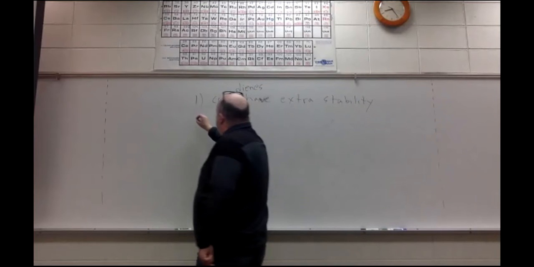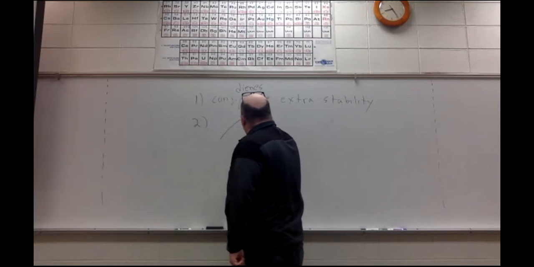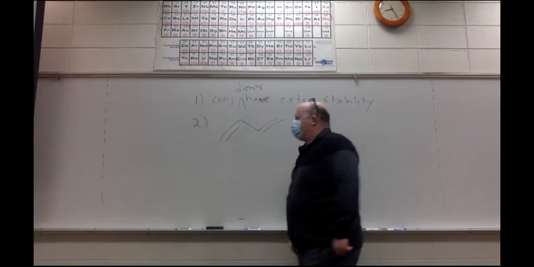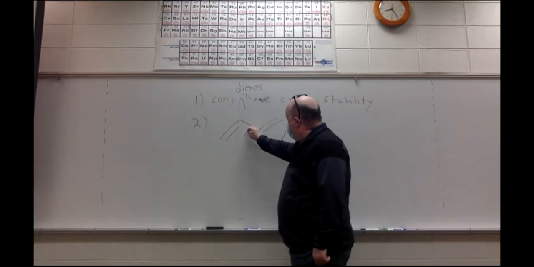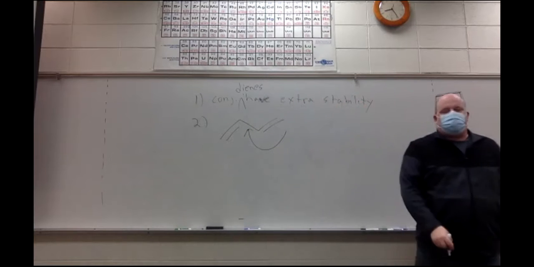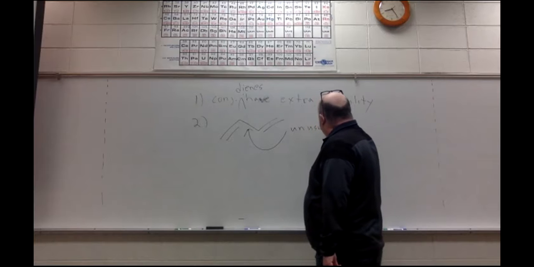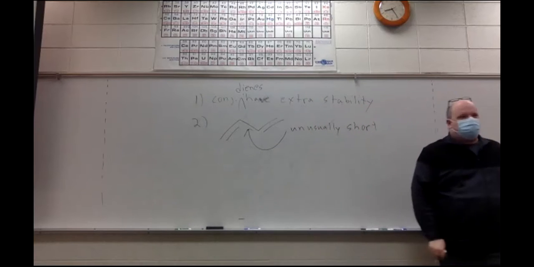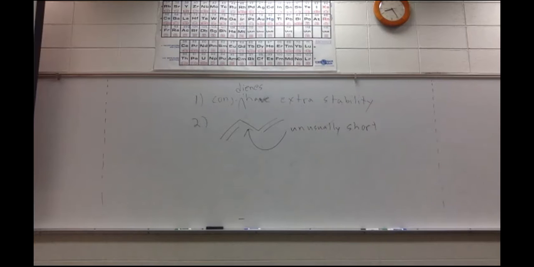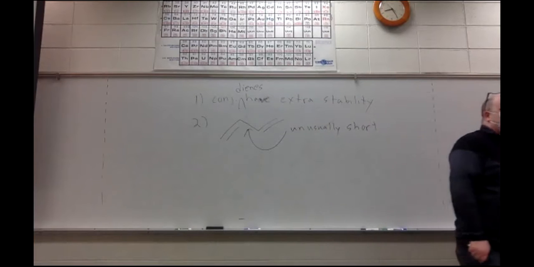You can make an interesting observation about bond length. And I think it's easiest to illustrate this just with a structure. That particular carbon-carbon single bond is unusually short. It's not as long as a typical carbon-carbon single bond. Any ideas why?